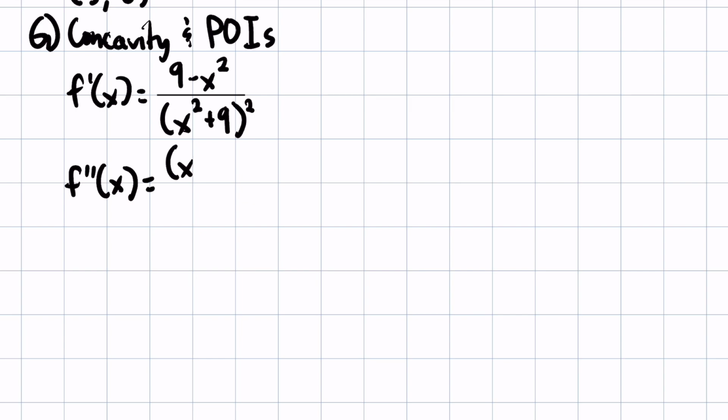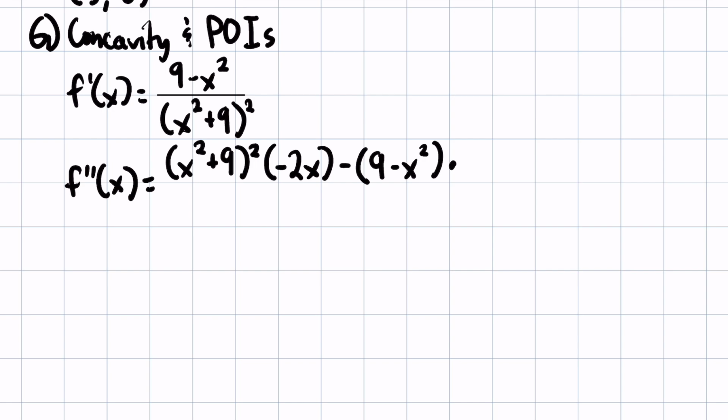So low d high, so the denominator times the derivative of the numerator, minus high d low. So the numerator times the derivative of the denominator, which here we actually have to use chain rule. So just the derivative of something squared, we take down the 2, and then we just have this.